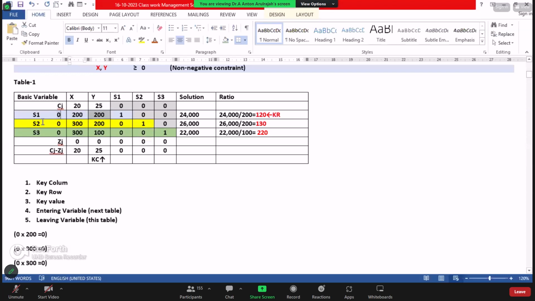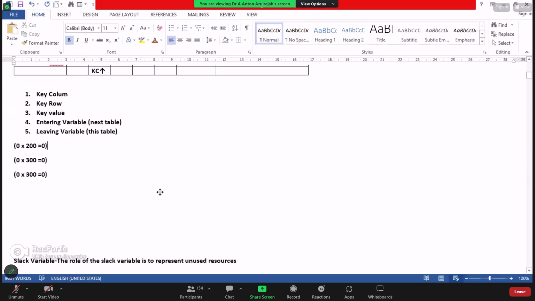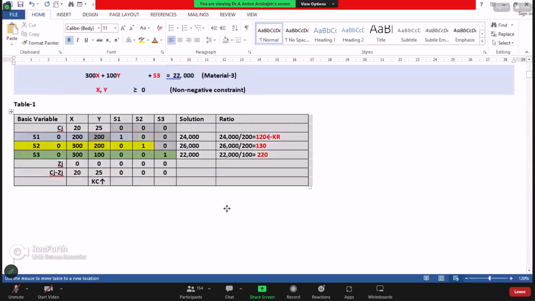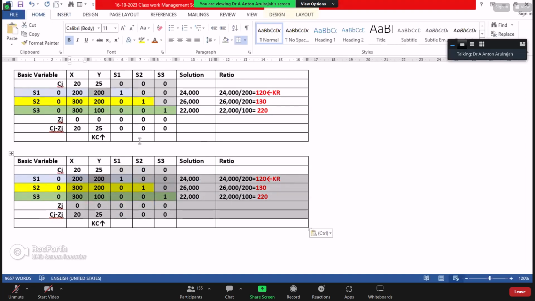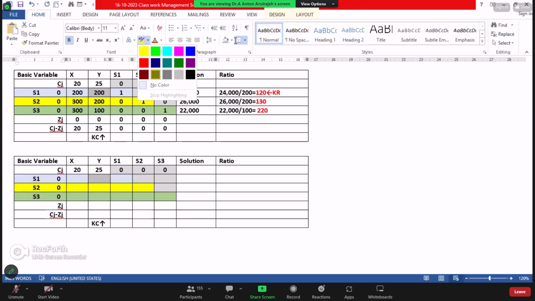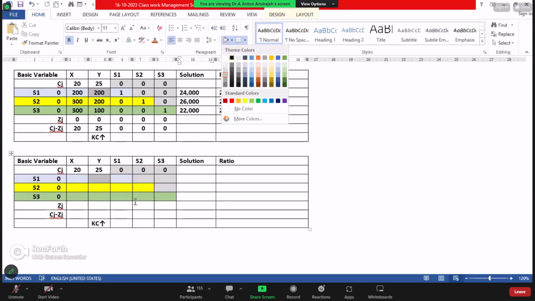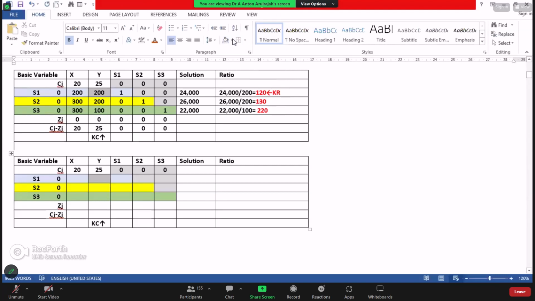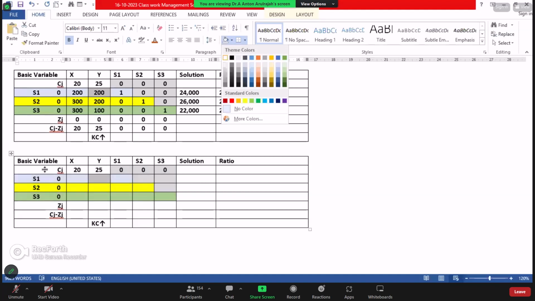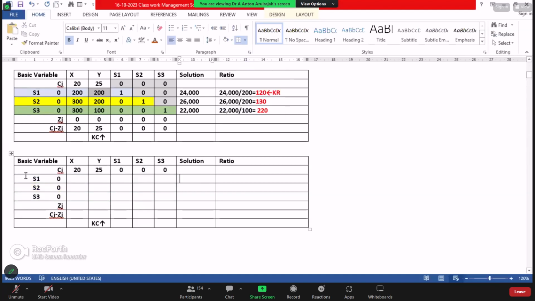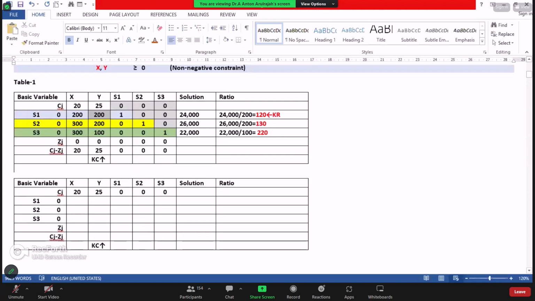When you put the other table, number 2, you can see the new table number 2.